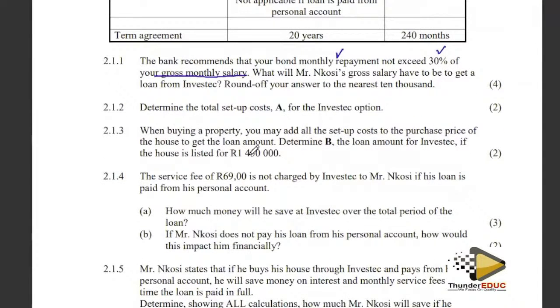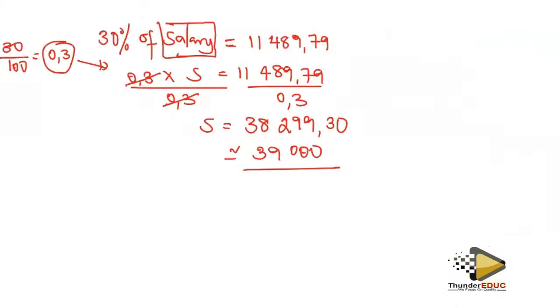They said round off to the nearest 10,000. So which becomes what? When we round this number to the nearest 10,000, these are the 10,000s that we are looking at. To the nearest 10,000, it becomes 40,000. Nearest 10,000. That's what they wanted us to do.